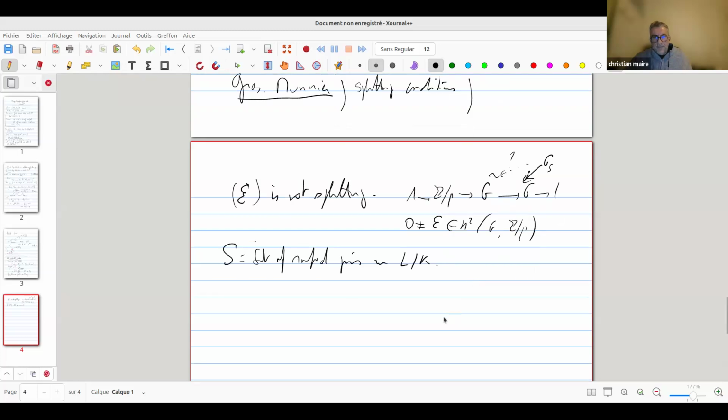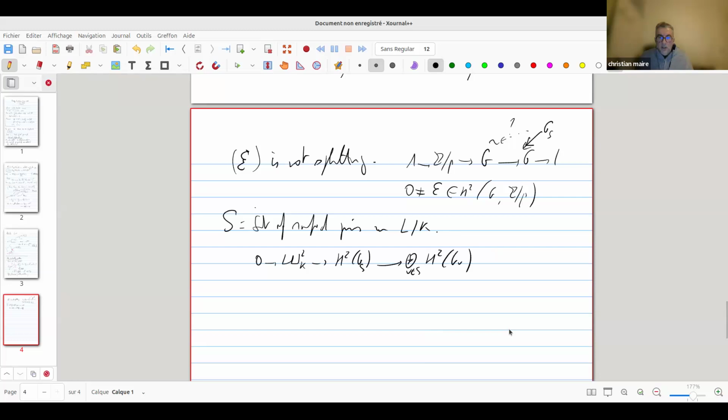But remember, we start first with the Sha2 to the H2 of G_S, and the local v in S. The criterion says that we can lift, as a solution, if the inflation map of epsilon in H2 of G_S is 0.